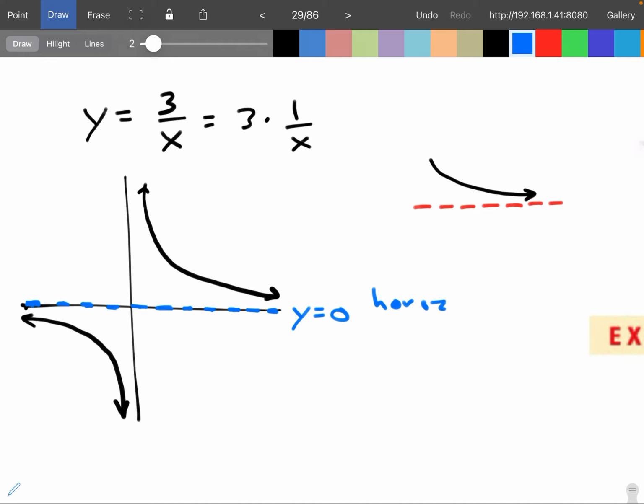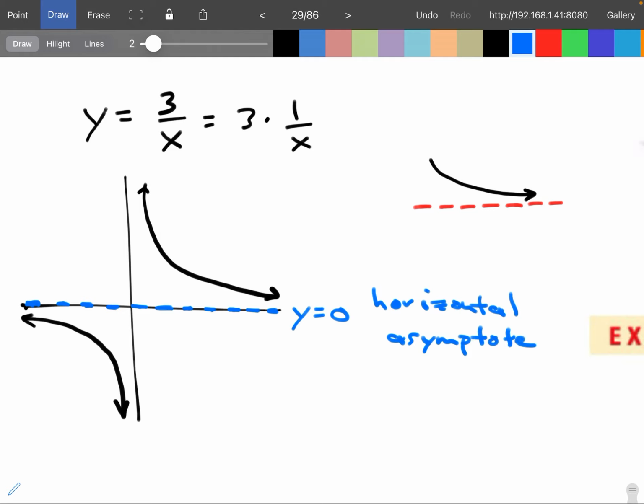That is the horizontal asymptote. Asymptote is spelled A-S-Y-M-P-T-O-T-E, and the P is silent. So it's asymptote.